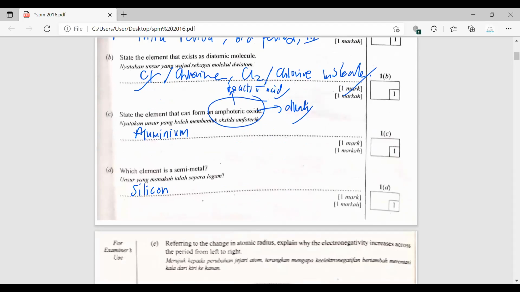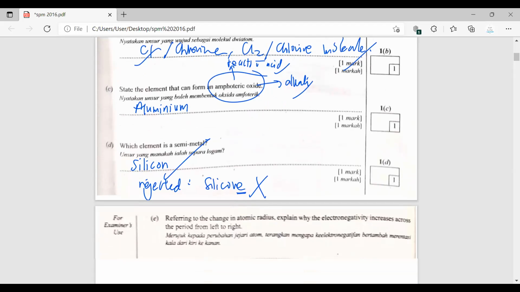No, CON. No E. Do you have an E there? No. Okay, very good. Excellent. Everybody put rejected in a different colored pen. If you see SILICONE, if you have an E here, wrong answer. In chemistry, spelling is very, very important. You spell wrongly, the answer is wrong.